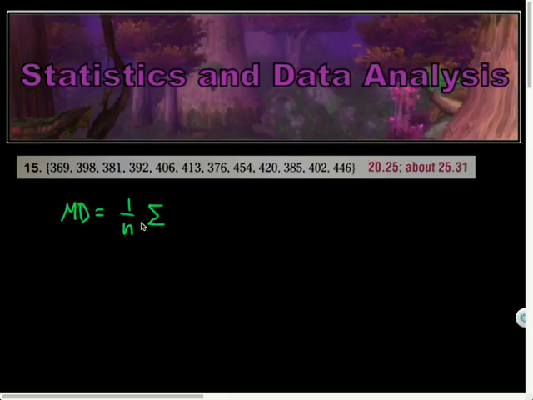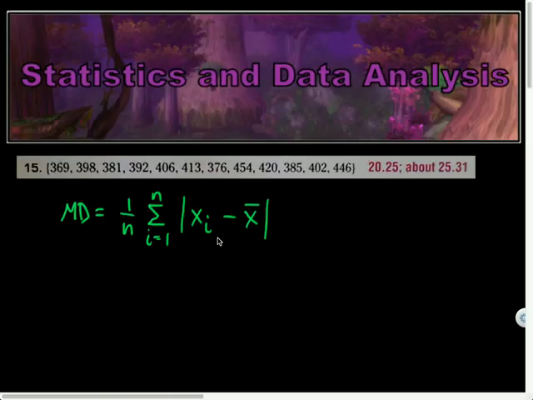So it was 1 over n times the sigma of i equals 1 to n, in which I had taken my data points, x_i, subtracted the mean, so that is a difference, and the average of the differences we talked about would be 0. But if I absolute value that difference, that becomes a distance, because distance is always positive, and the average of those distances will describe kind of how spread out our data is.